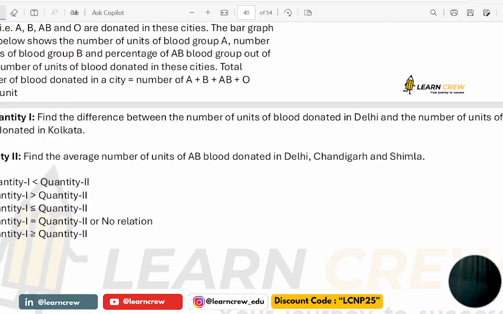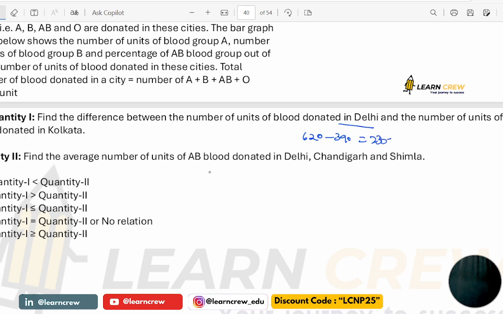Next, the difference between the number of units of blood donated in Delhi and the number of units donated in Kolkata. So it will be how much? 620 minus 390, which is 230. Quantity 1.